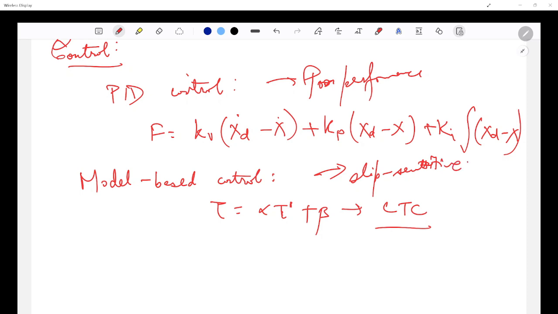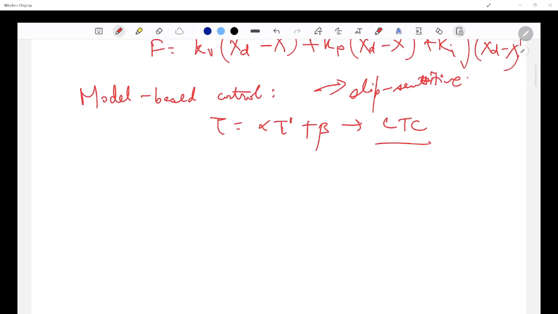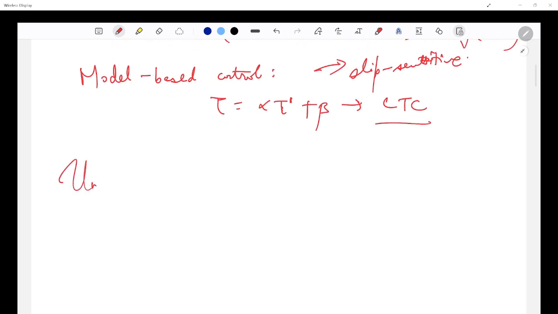Now let's talk about uneven terrain. So the key problem here is there are two wheels, they have different contact points which leads to slip.